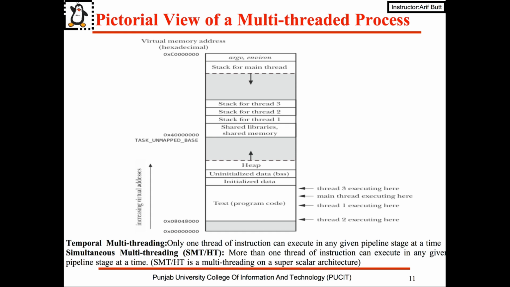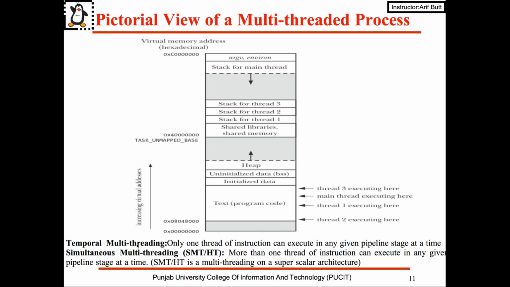Well, dear students, over here in the code section as well, you can see every thread is executing its own part of code, so it needs to have its own program counter or instruction pointer. And finally, since all modern hardware architectures support some form of pipelining, there are 2 types of multi-threading shown over here, temporal and simultaneous.